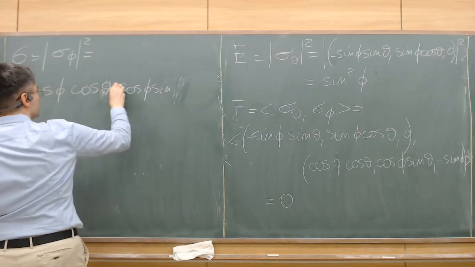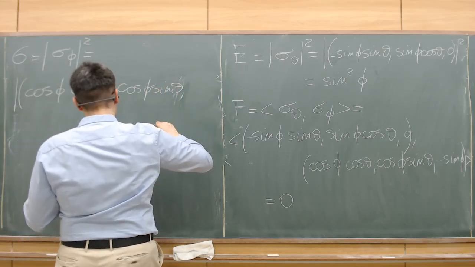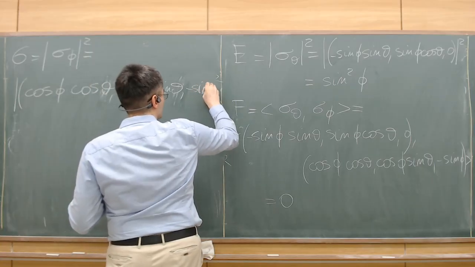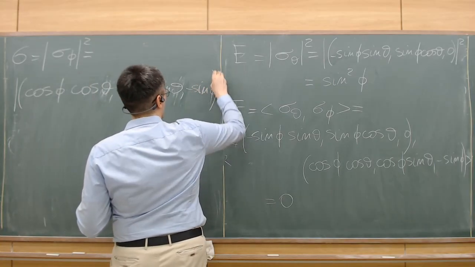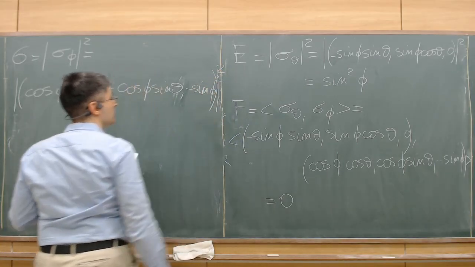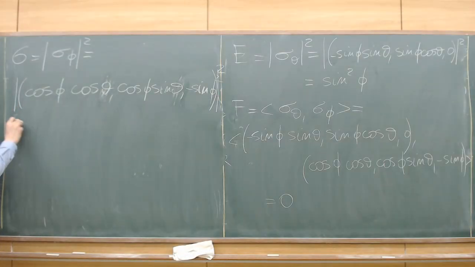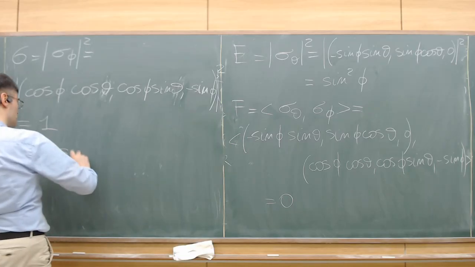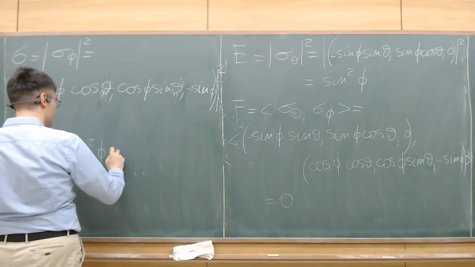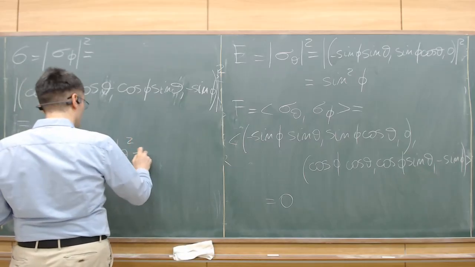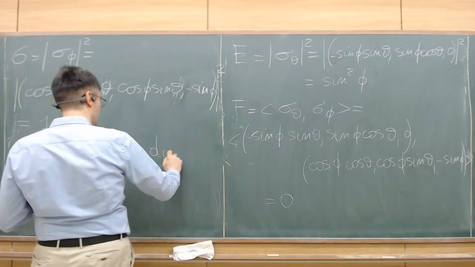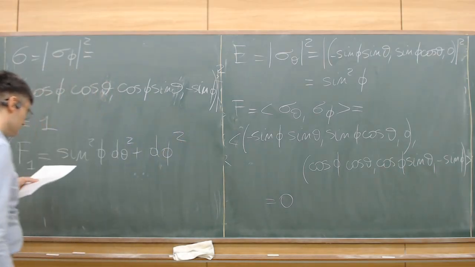This is theta, and this is minus sine of phi. And it is equal to 1. So the first fundamental form F1 takes the form sine squared phi d theta squared plus d phi squared.